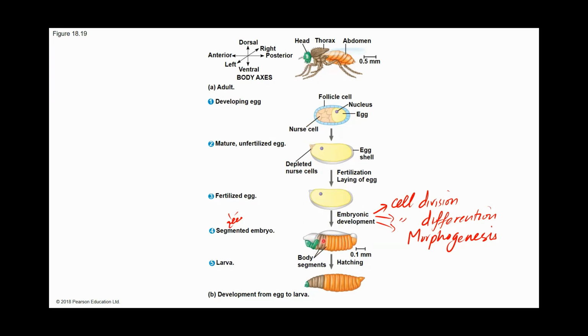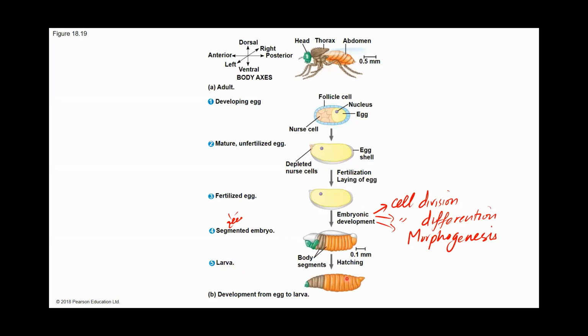Other segments that are colored brown will form the thorax, from which the fly will have the wings and the legs, and then these orange segments will form the future abdomen. And then we will have a segmented larva.